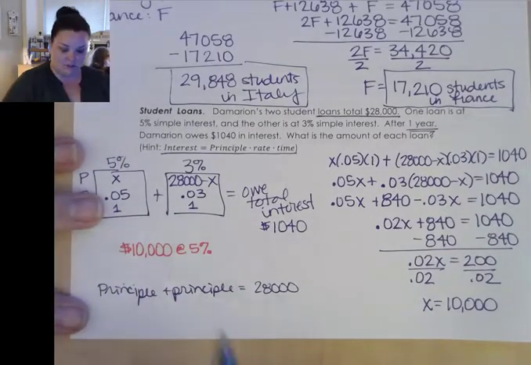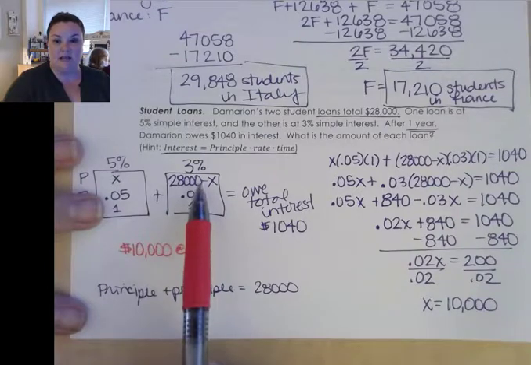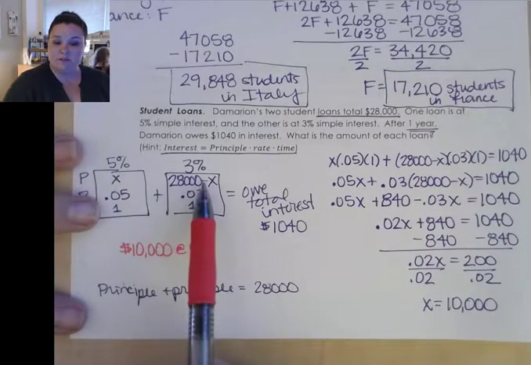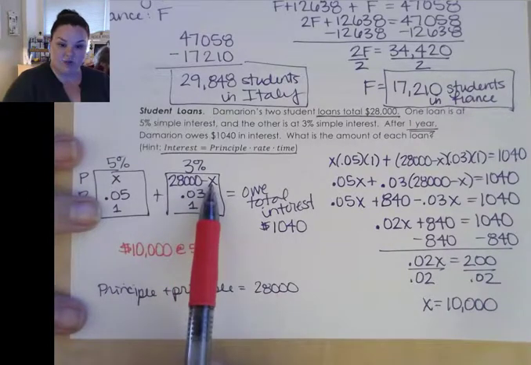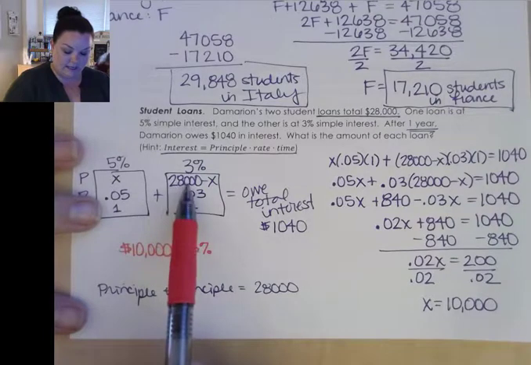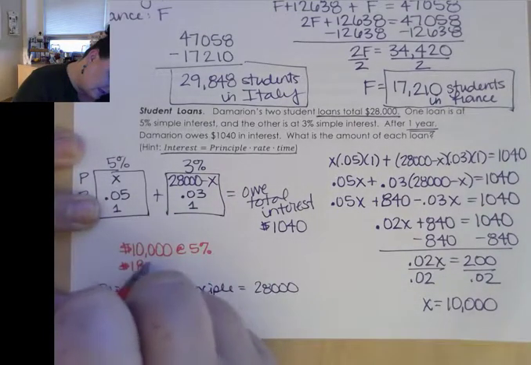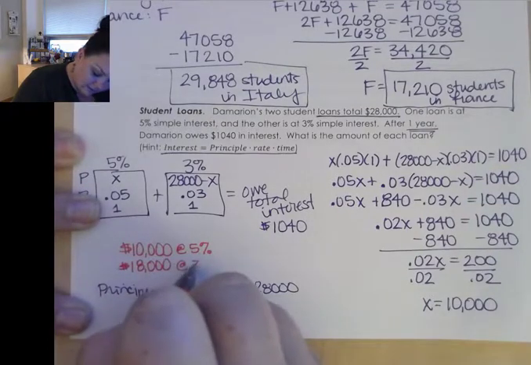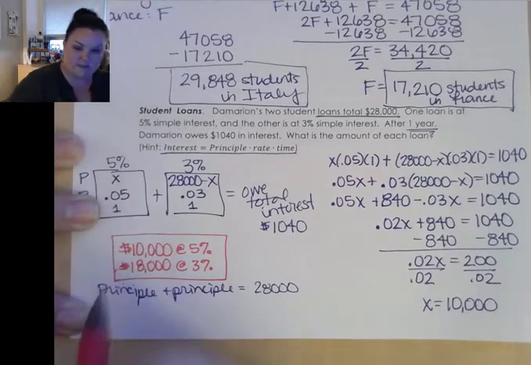And then if I want to determine how much I borrowed at the 3%, all I have to do is take the total 28,000 and subtract how much was invested here, which now we know is 10,000. So 28,000 minus 10,000 leaves me with 18,000 that was invested at the 3%. So those are my answers.